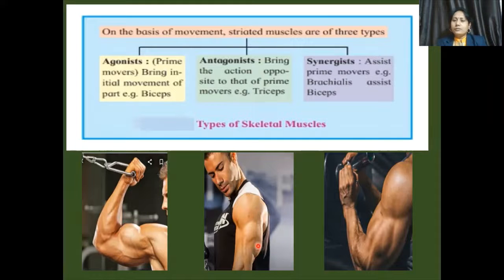So contraction of the triceps makes the lower arm go in the backward direction. Thus both muscles are antagonistic with each other, or do opposite functions, biceps and triceps. So these are the three types of muscles present in the human body.